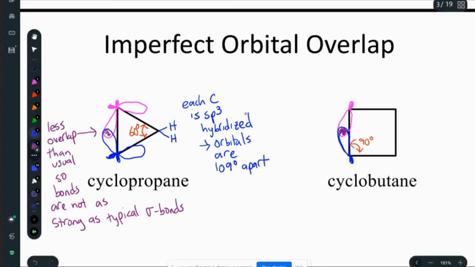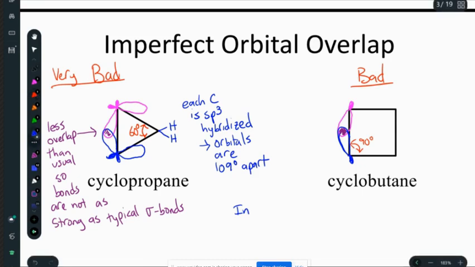In 5-membered rings, there's a tiny bit of this. So in 3-membered rings, this is really bad. In 4-membered rings, it's bad.